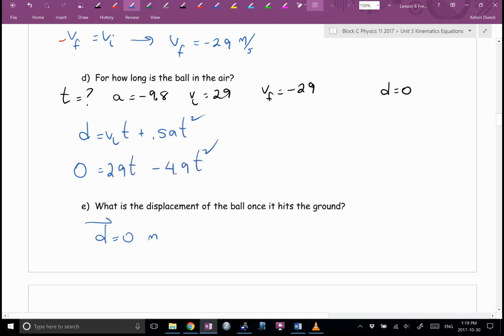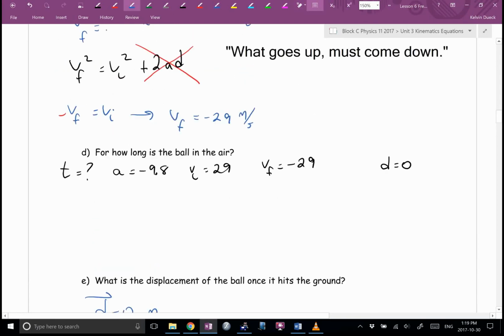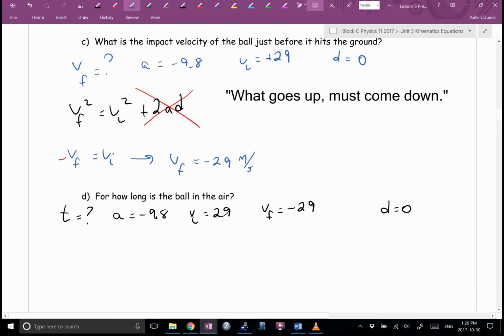I did half of negative 9.8 in my head because I can. And then you'd be trying to get the T by itself. Why is it so tough to get the T by itself in that equation? There's a T and a T squared. You will learn a trick to do it this year, but it's a pain. So I agree with what you suggested. This is absolutely right. But I think you'll be finding it easier to simply remember that what goes up must come down, so I know V final is negative.